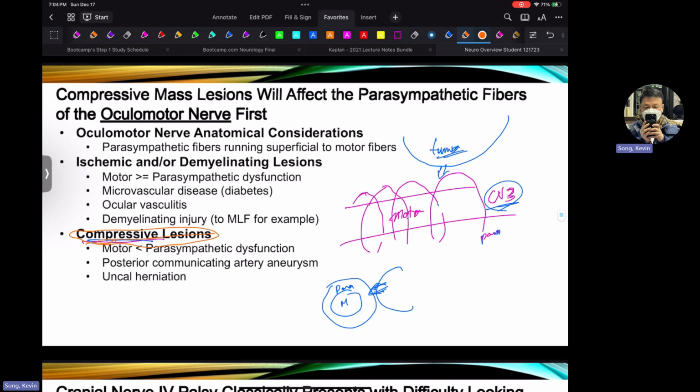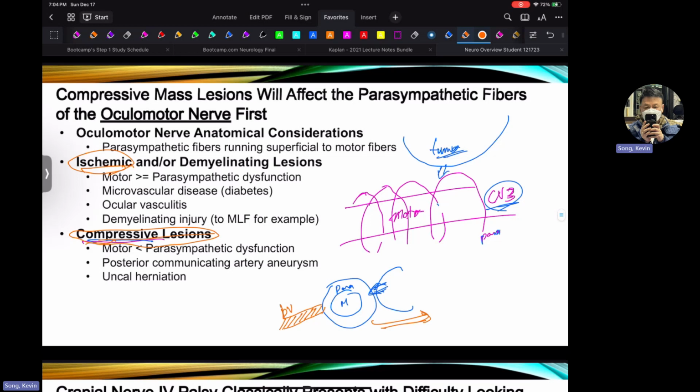But whereas if it's ischemic, ischemic means a lack of blood, right? A lack of oxygen, and blood carries the oxygen.